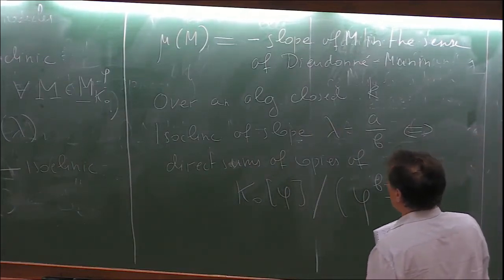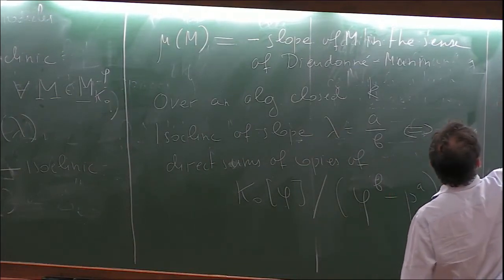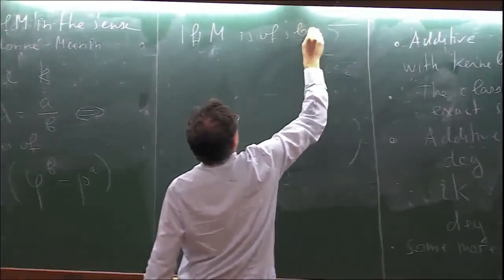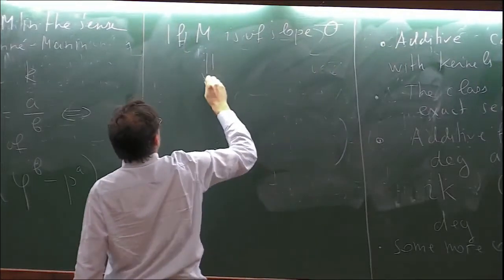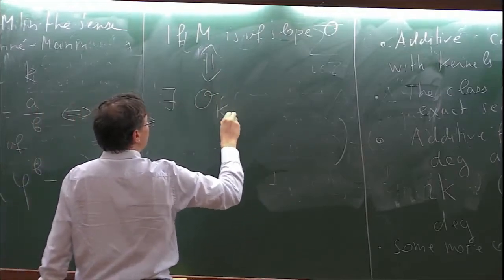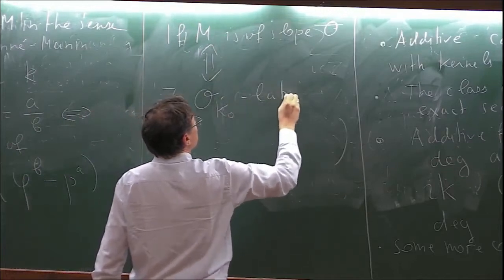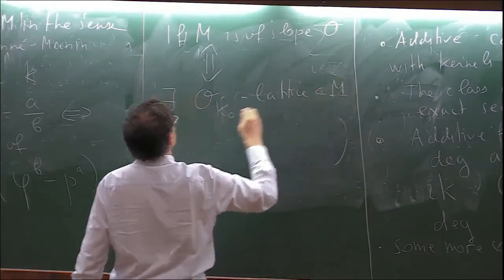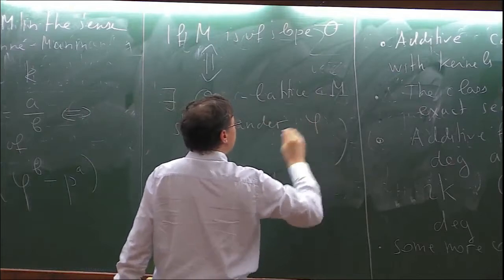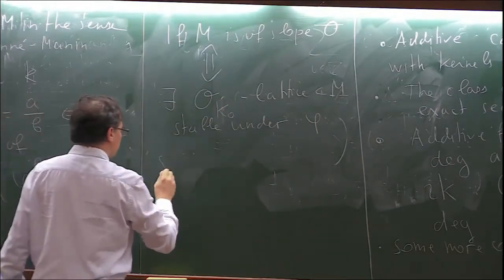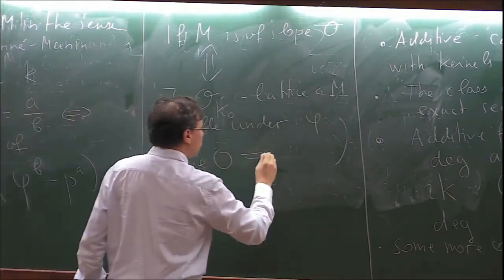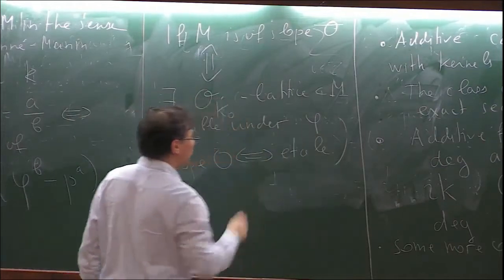One can also remark that M is of slope 0 equivalent to the existence of an O_K0 lattice in M, stable under the action of Frobenius, and therefore the slope 0 modules correspond exactly to a Tate module in the sense of the first talk.